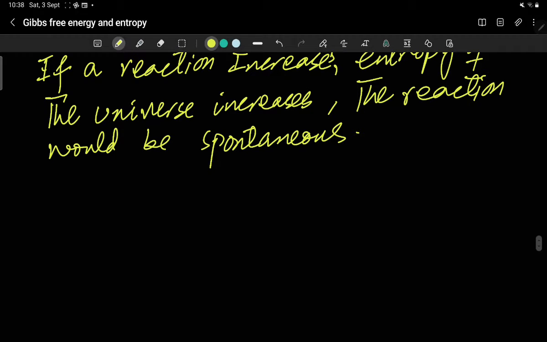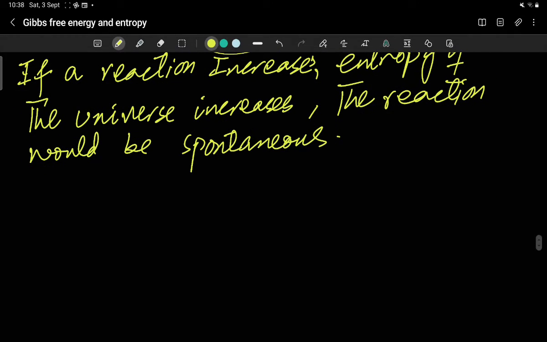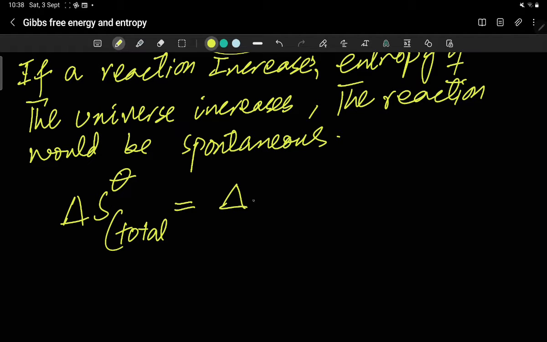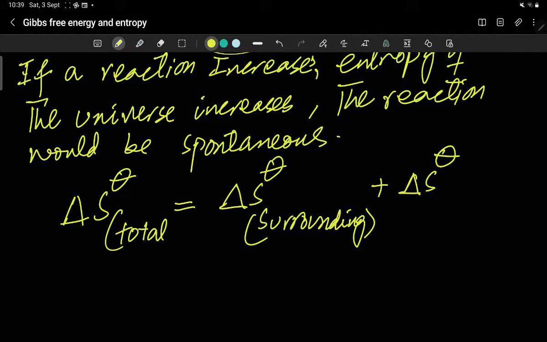So we can write this whole system like this: standard entropy total is equal to the standard entropy of the surrounding plus the standard entropy of the system.